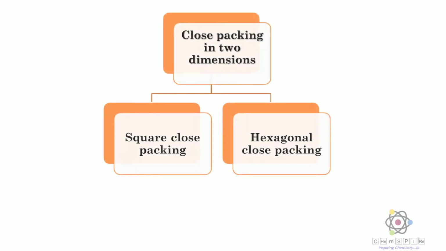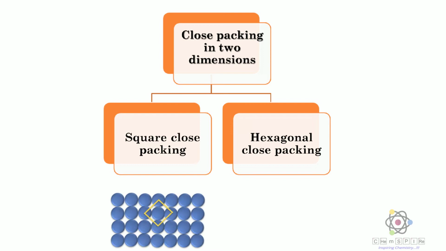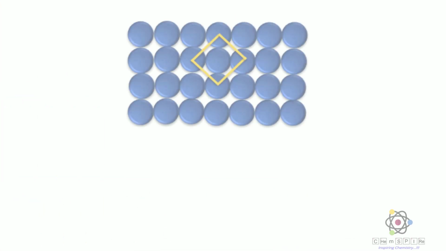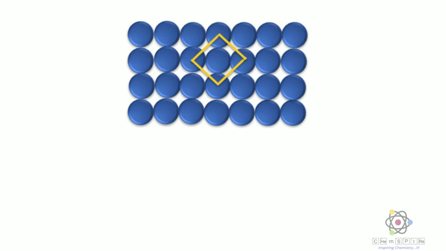Close packing in 2 dimensions. Here, there are 2 types of arrangements: square close packing and hexagonal close packing. In square close packing, the second row may be placed in contact with the first one such that the spheres of the second row are exactly above those of the first row.